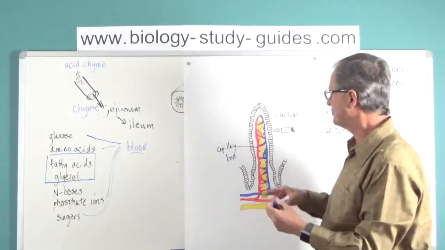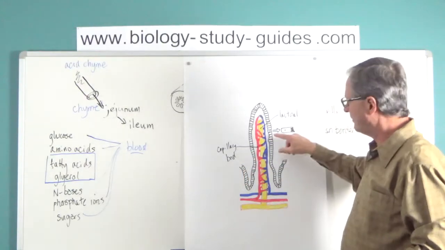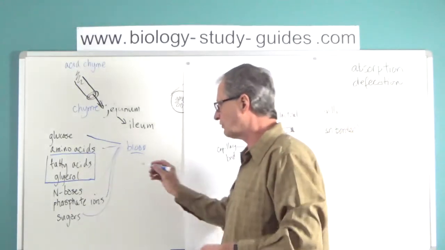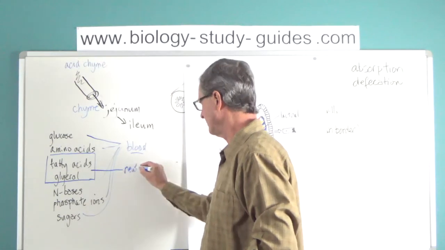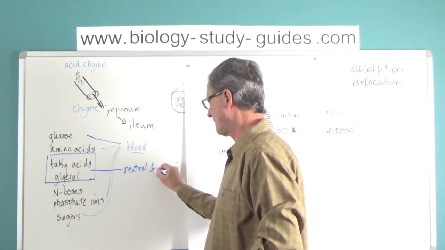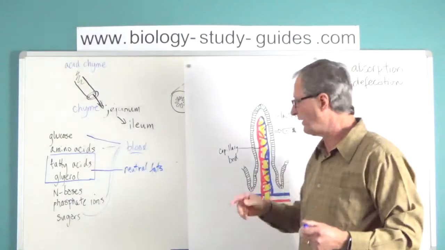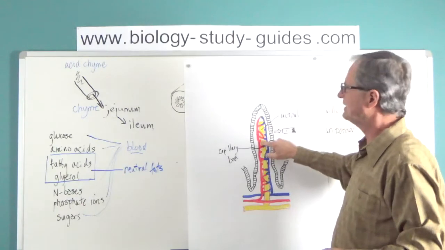The fatty acids and glycerol, they get into these columnar epithelial cells and they get put back together to make neutral fats. Fatty acids and glycerol combine into neutral fats inside these cells, and then they get moved into the lacteal.